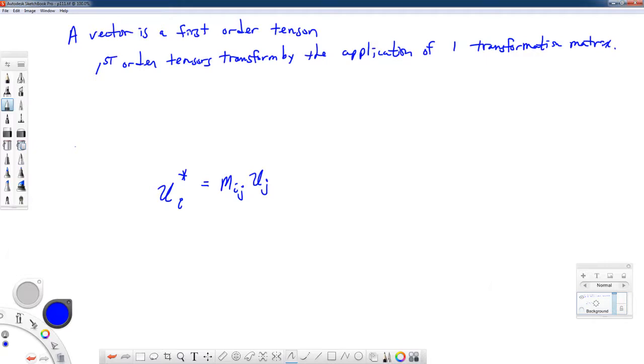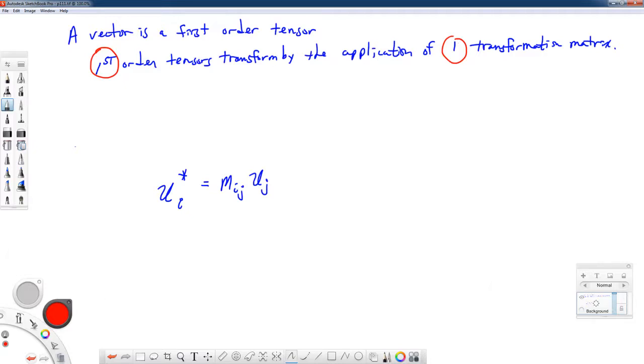And now we can finally define what a tensor is. So a vector, we've said, is a first-order tensor. First-order tensors transform by the application of one transformation matrix. And when I say transform, I mean for a coordinate rotation.